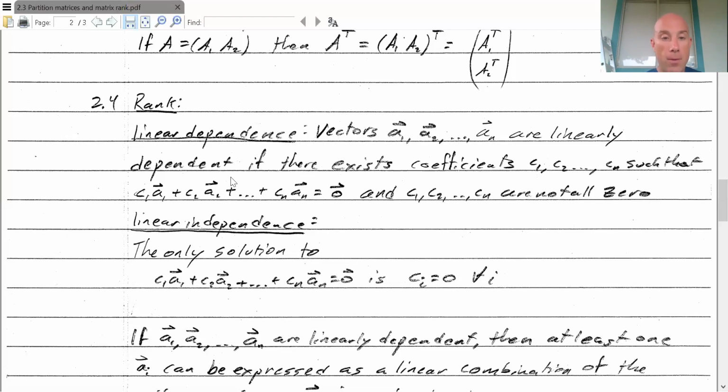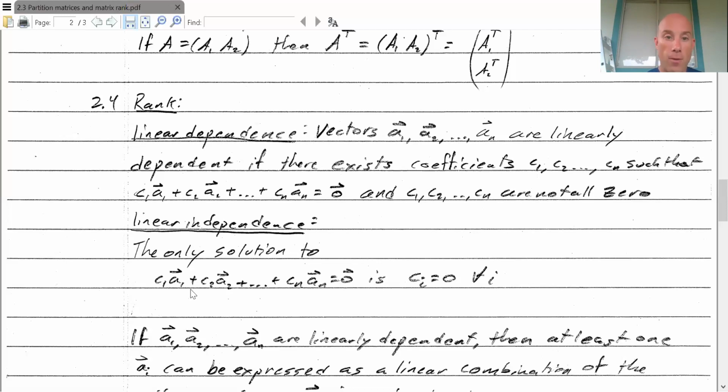Linear independence is saying that the only solution to this equation is for all the C's to be equal to 0. Linearly independent means that I have some vectors, and the only way I can get 0 from a linear combination is if all of the coefficients are equal to 0. I'm going to say that again.